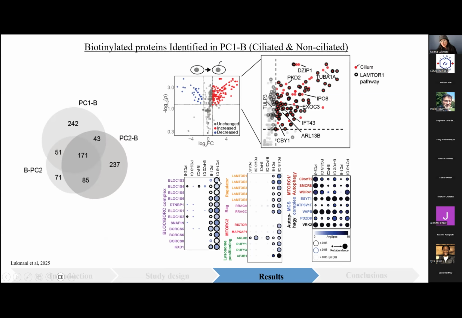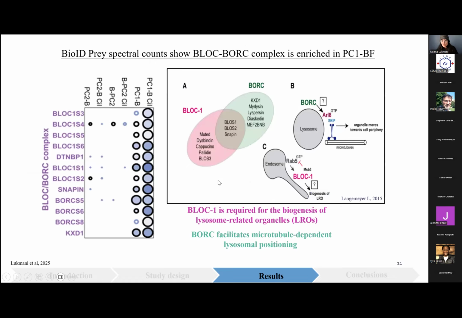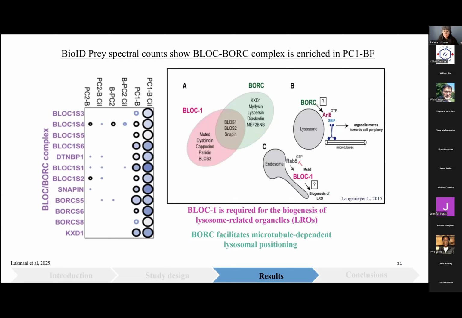So we wanted to then confirm what the role of these BLOC-BORG complex proteins is, and its relation to PC1. Just a brief about what this complex is. This complex consists of 13 different proteins, of which 3 are shared between these two complexes. BLOC-1 is required for the biogenesis of lysosomes.